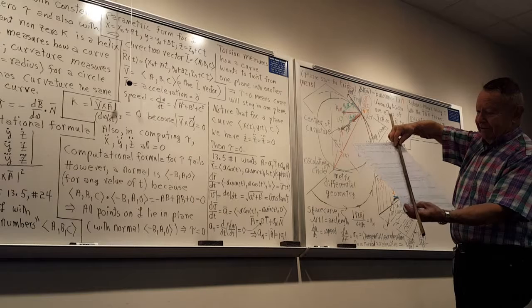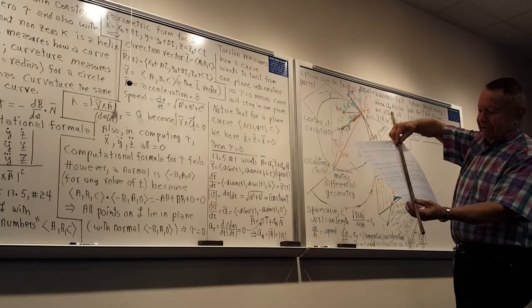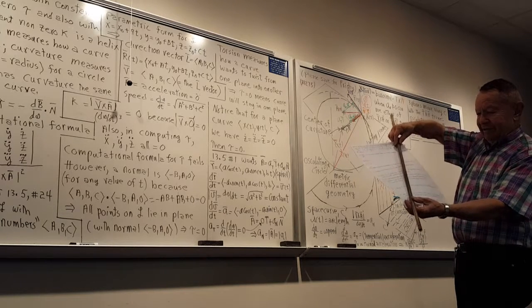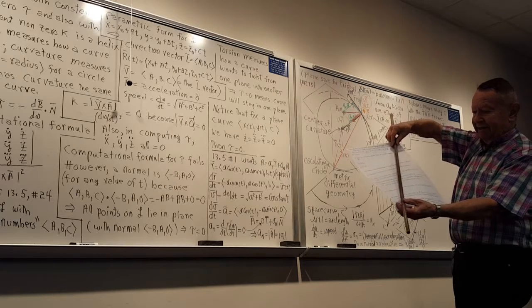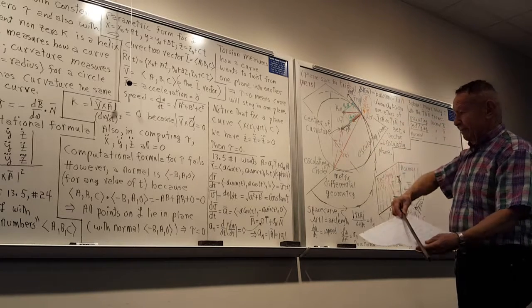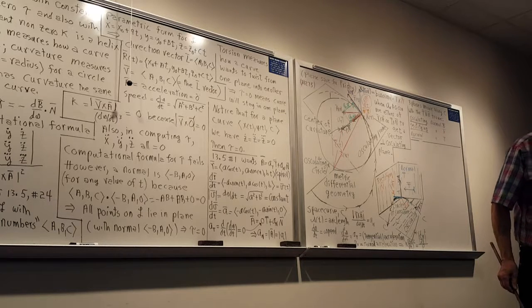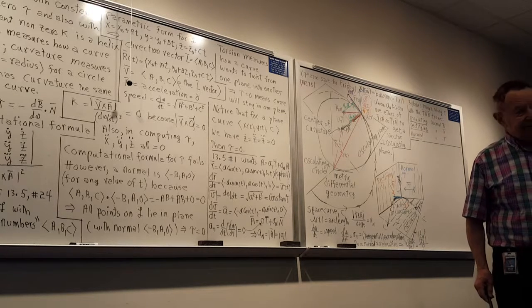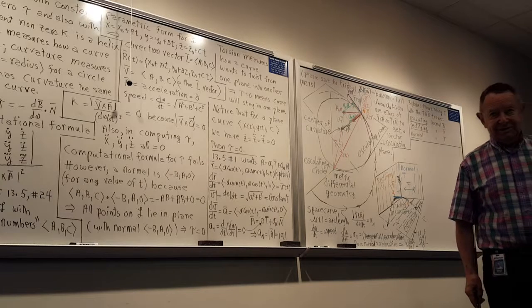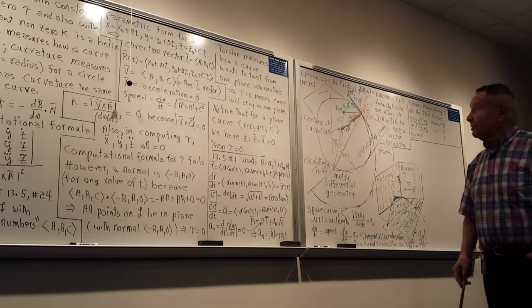So then you can associate that with being a line in a plane, like the plane of the paper. Okay, as long as your track stays in one plane, then your train isn't twisting. So that's the zero torsion.